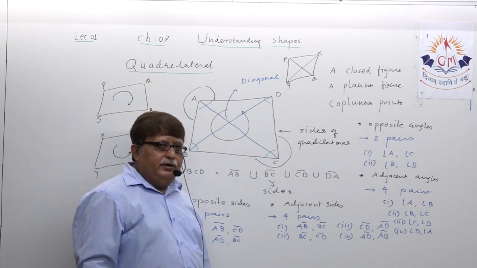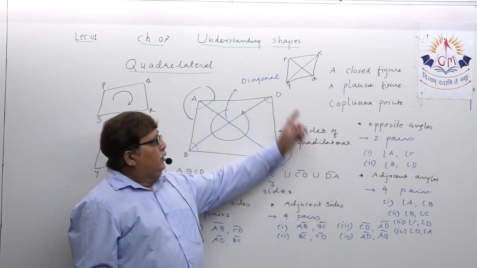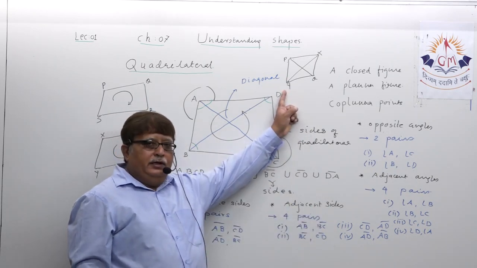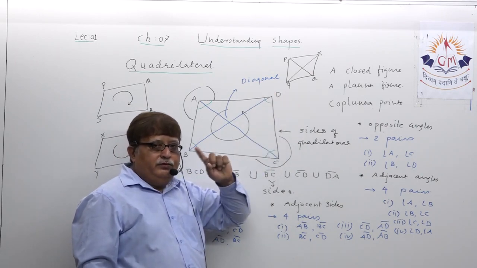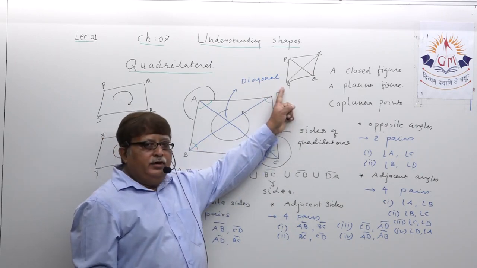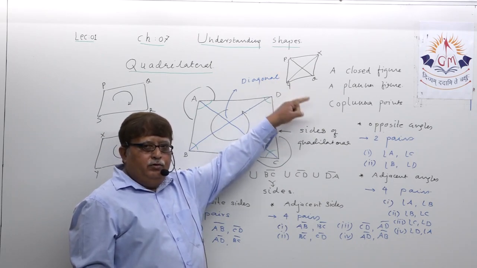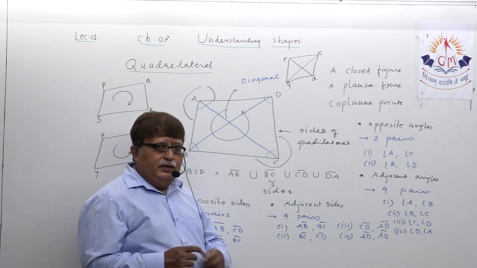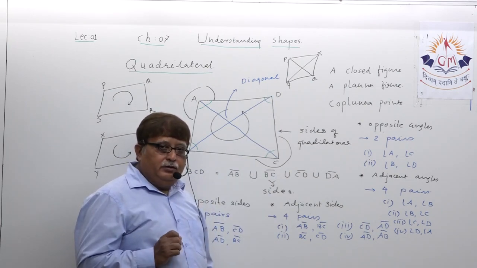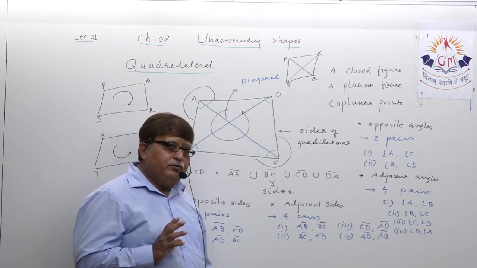How to name a quadrilateral, I already explained: start from any vertex but never move zigzag. Start from any vertex, then move in sequence. Maybe you move clockwise or anti-clockwise, that doesn't matter. But you can't move zigzag, that you should know.